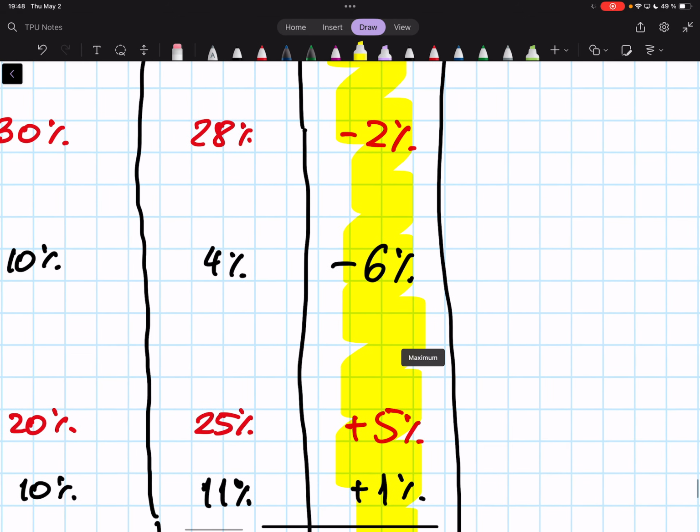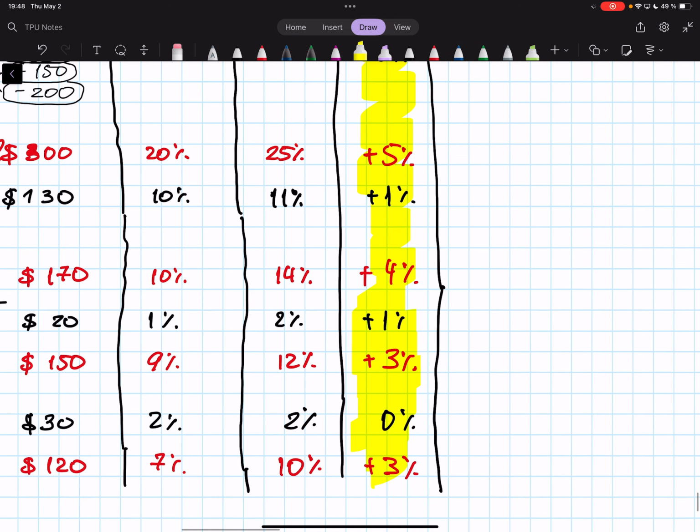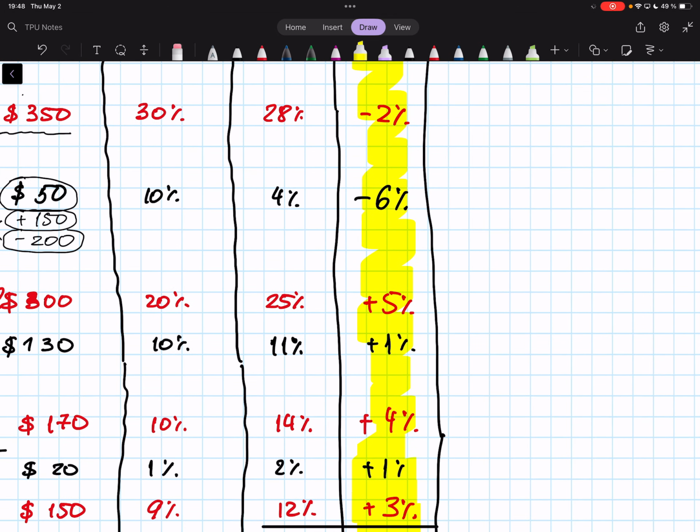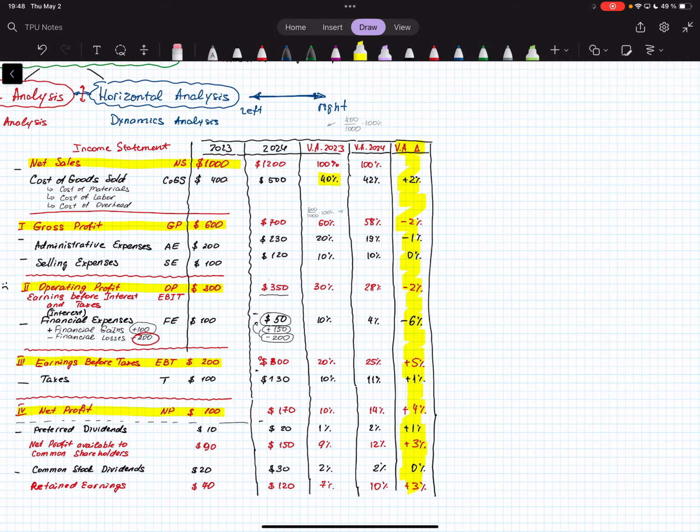This is the reason why other profits began to grow. And this is the nature of vertical analysis. So you build the structure, then you compare the structure with the next year, and then you start drawing conclusions. Okay? So let's do the horizontal analysis.